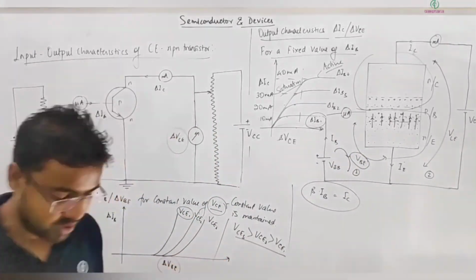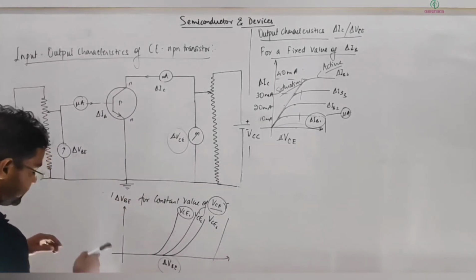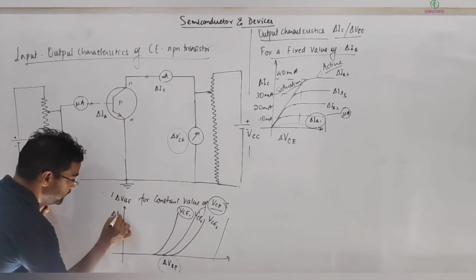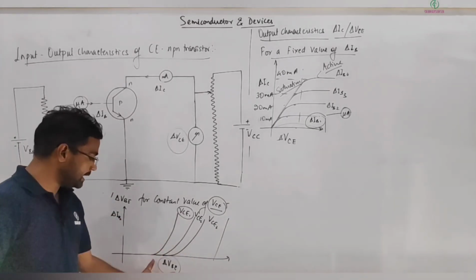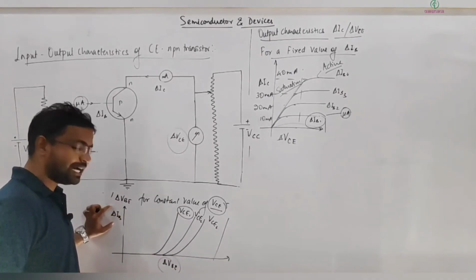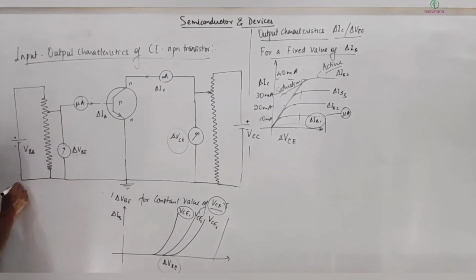Remember, it is important. So these are variations of delta IB versus VCE. This is the curve, and delta VBE divided by delta IB will give you what? This term is called input resistance.